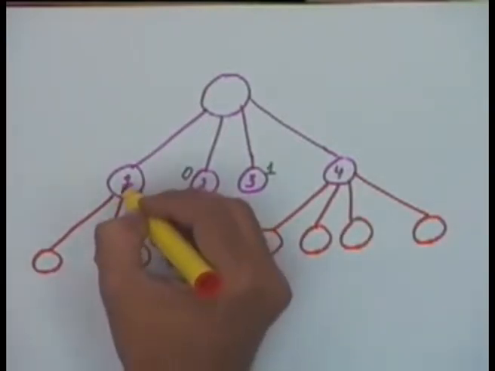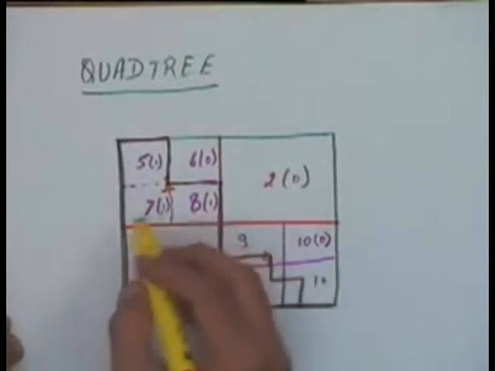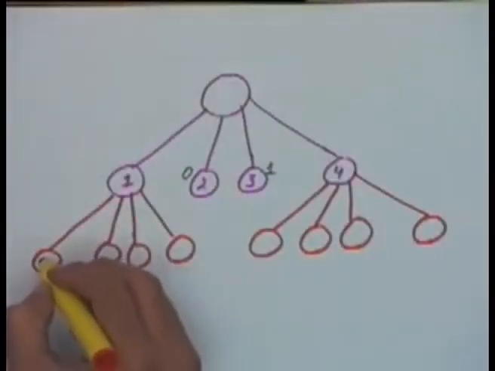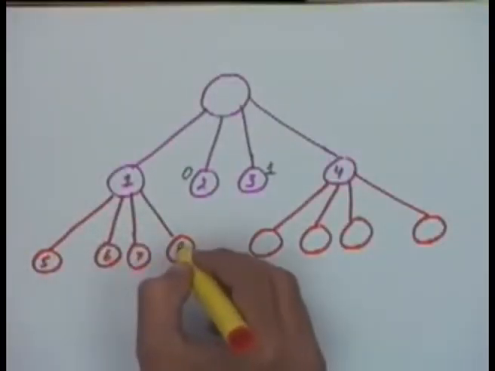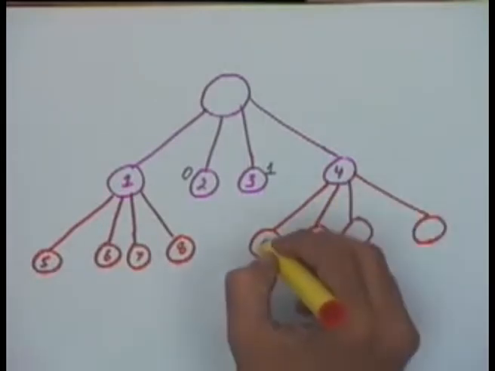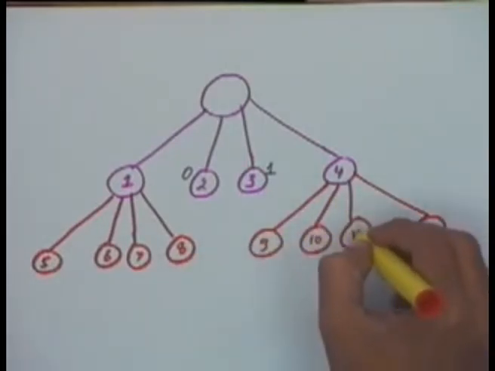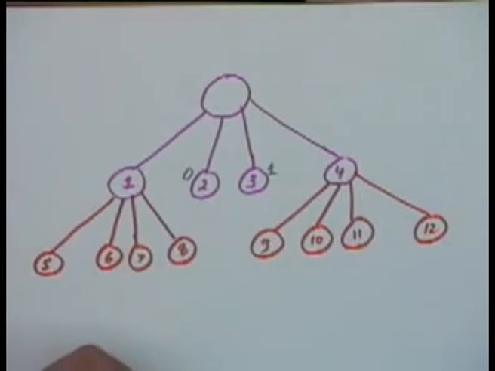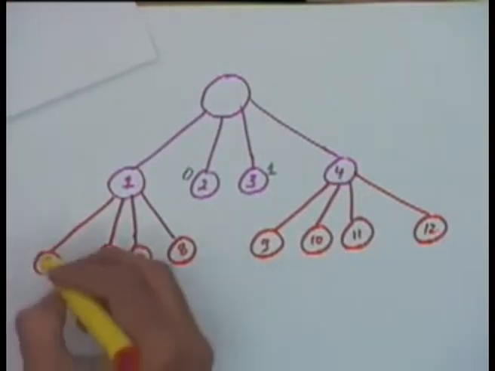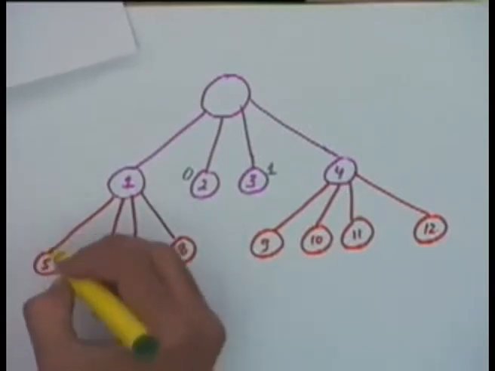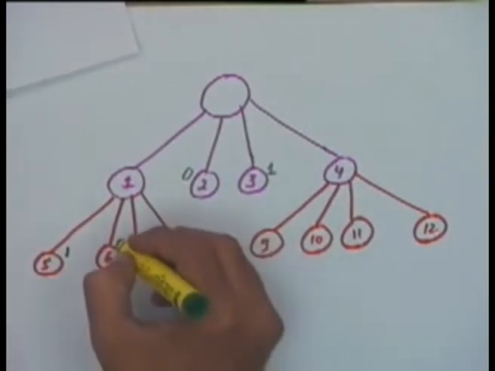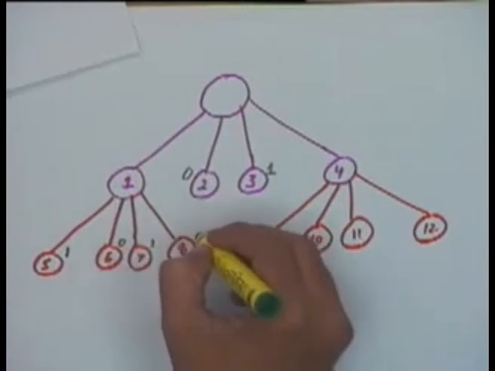Region 1 is divided into 5, 6, 7 and 8, and 4 is divided into 9, 10, 11 and 12. Now 5 has been given a 1, and 6 is given a 0, and 7 and 8 have been given a 1 each.